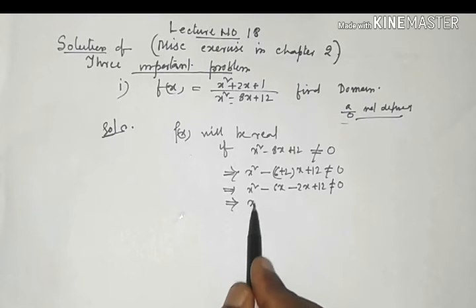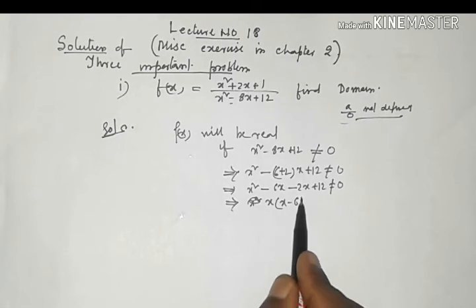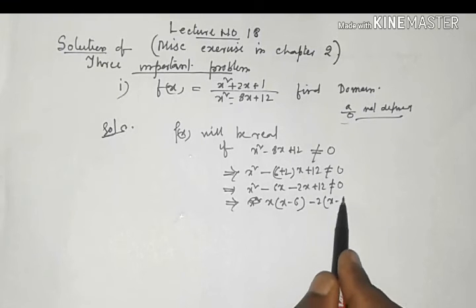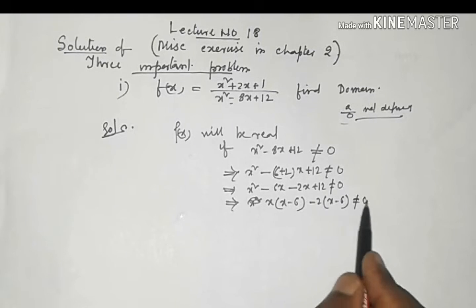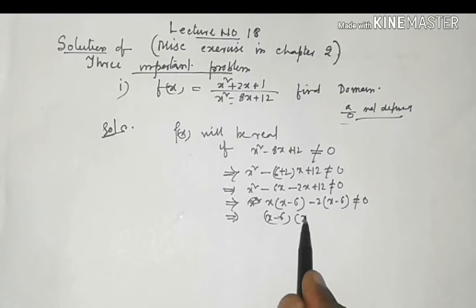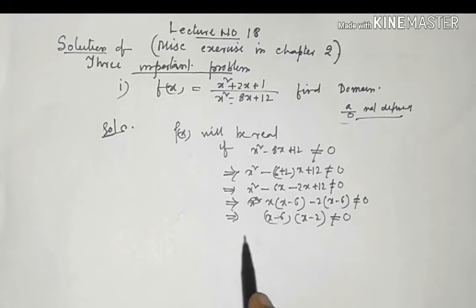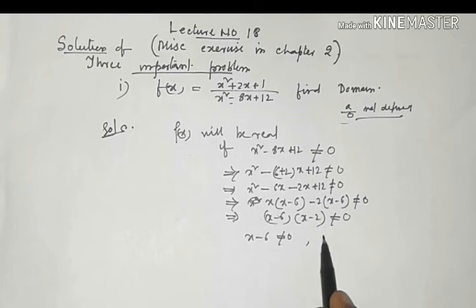This implies, if we take x common, x(x - 6) - 2(x - 6) not equal to 0. This implies (x - 6)(x - 2) not equal to 0. Therefore x - 6 not equal to 0, x - 2 not equal to 0.